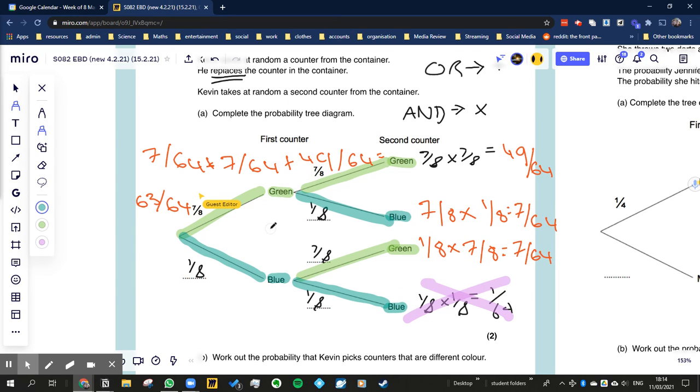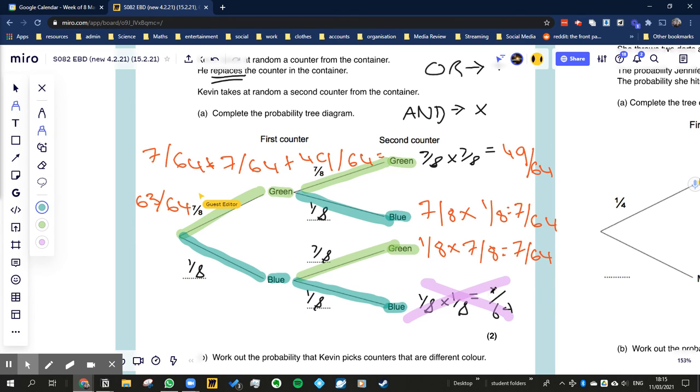Now, there was a shortcut here, but I wanted to demonstrate the OR idea first. You'll notice that the only possibility of him not getting at least one green was him getting this, and we worked out the chance of that happening was 1 over 64. If it's not this eventuality, it's going to be anything else, which is clearly 63 over 64, because all of these probabilities must add up to 1.